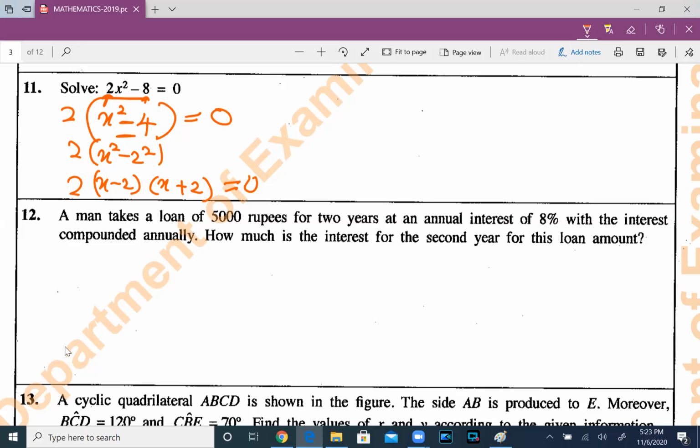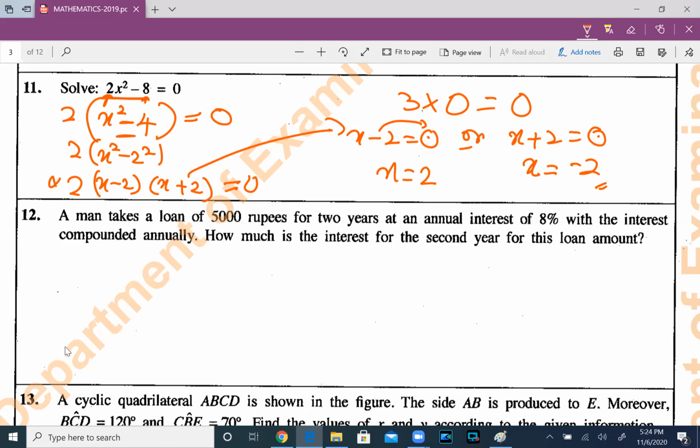So the 12th one is: a man takes a loan of 5,000 rupees for 2 years at an annual interest of 8%, with the interest compounded annually. How much is the interest for the second year for this loan amount? So it is a compound interest.